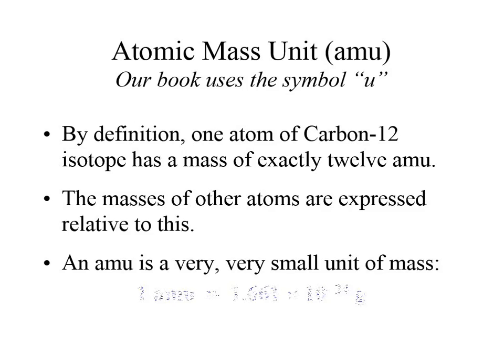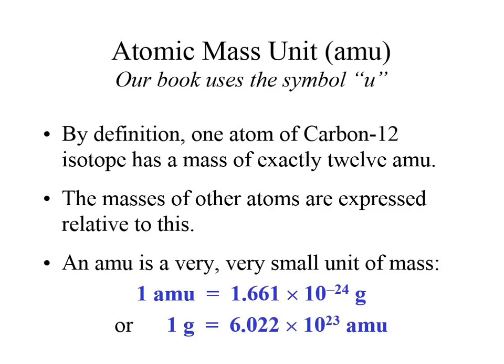But there are times when we definitely need to scale up an atomic mass unit. So in terms of grams, 1 AMU is approximately equal to 1.661 times 10 to the negative 24th grams. If you have 1 gram of material, in terms of AMUs, that's 6.022 times 10 to the 23rd AMUs.